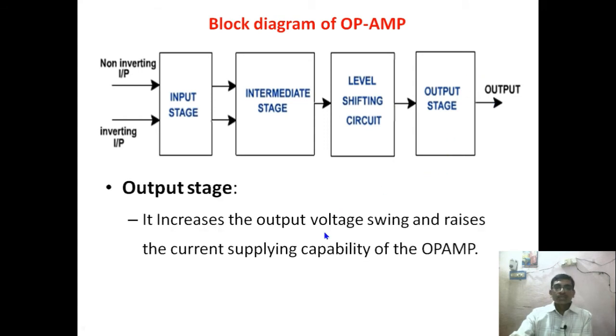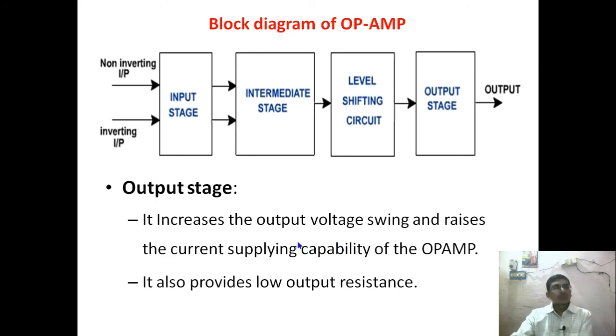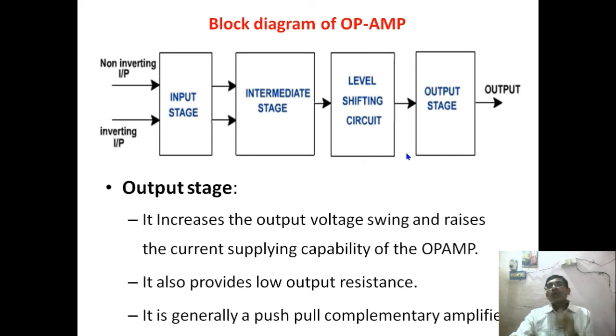This output stage increases the output voltage swing and raises the current supplying capability of the op-amp. It provides low output resistance. This output stage gives a large voltage swing as well as current swing, and also provides low output impedance.